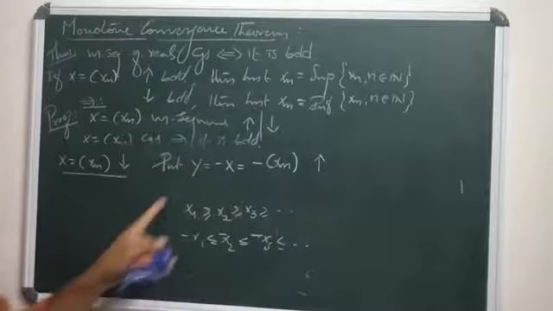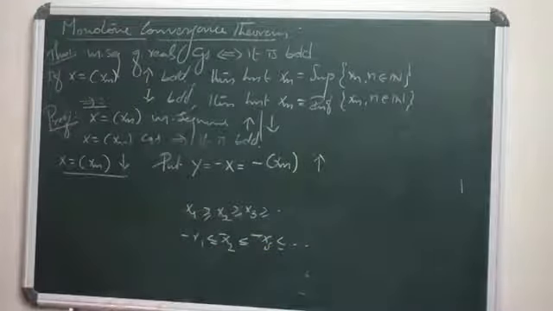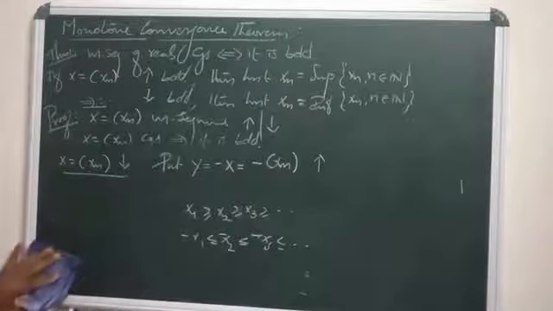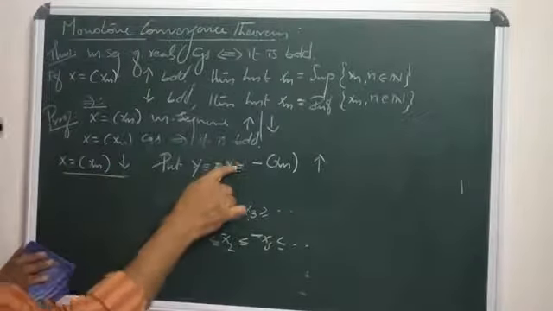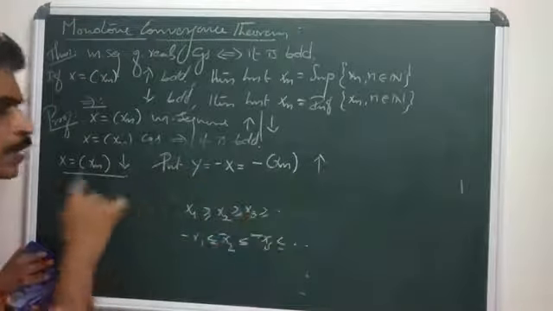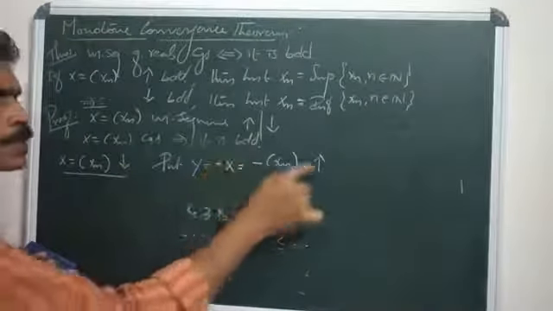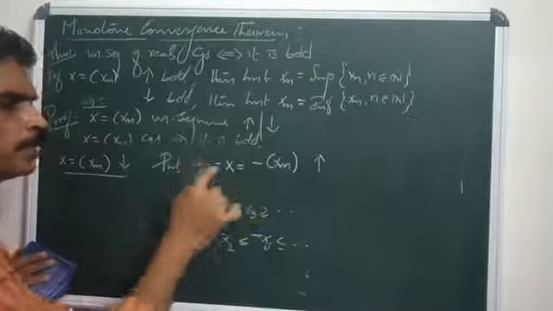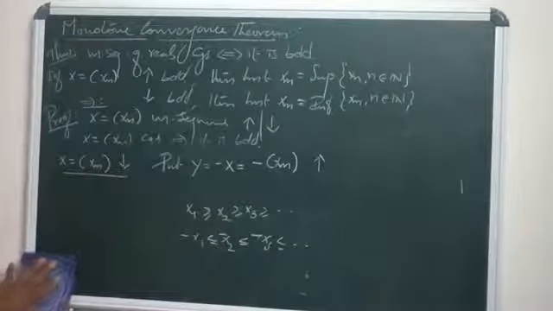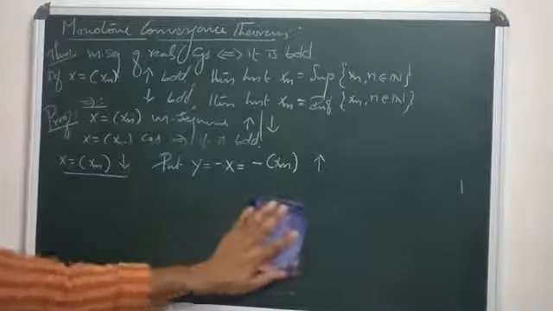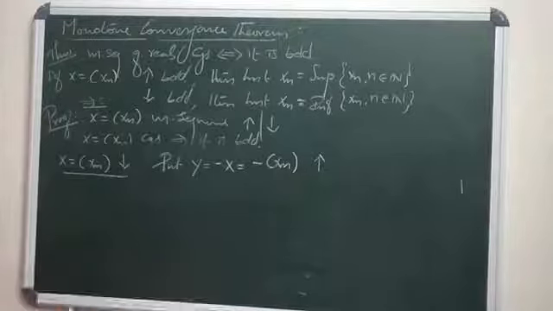So this minus x is an increasing sequence by definition. Clear? So when xn is a decreasing sequence, minus x is an increasing sequence. Let it be chosen as y. Y is minus x. So y is an increasing sequence.